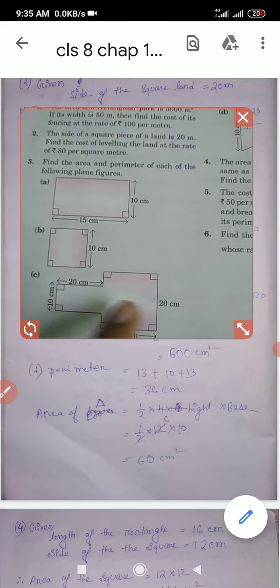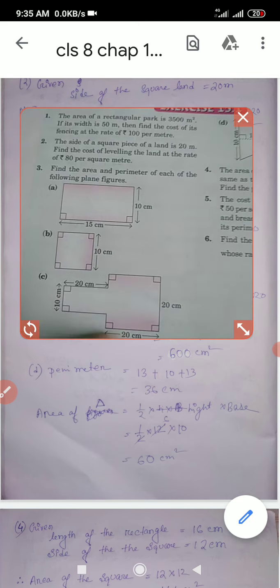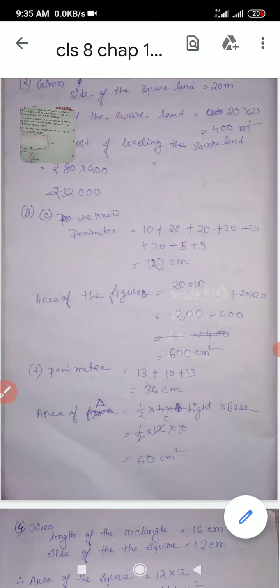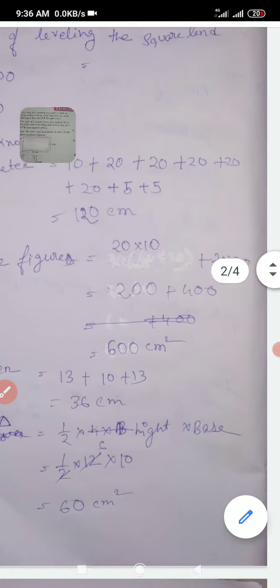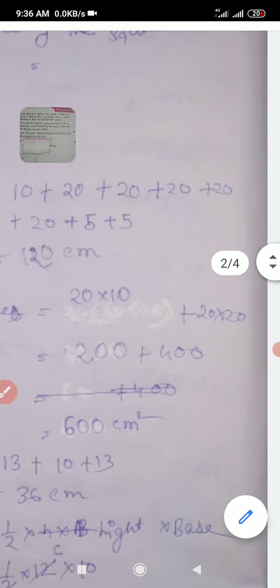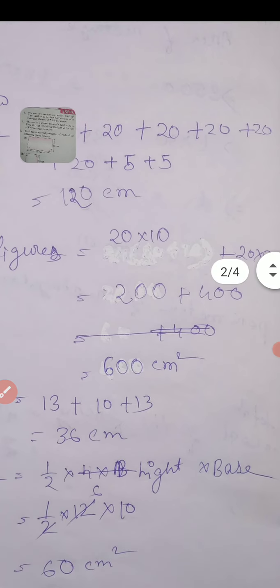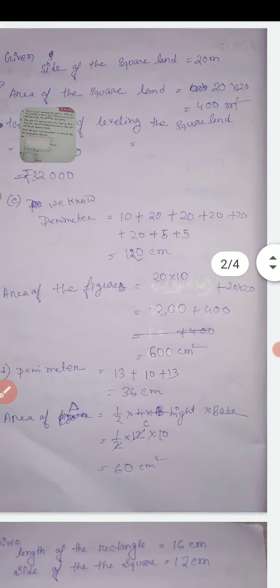Add both of them together and we get the area of the whole figure. So 20 into 10 is 200, and 20 into 20 gives us 400. In total it is 600 cm square.